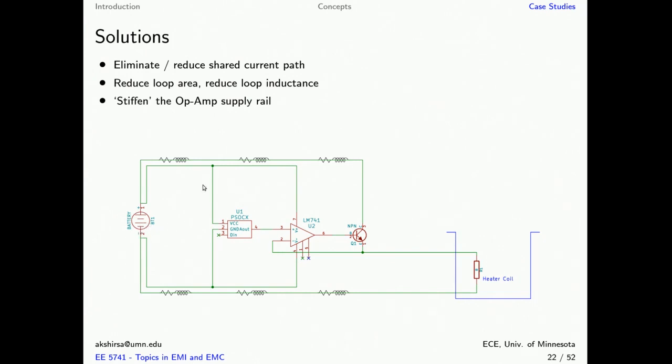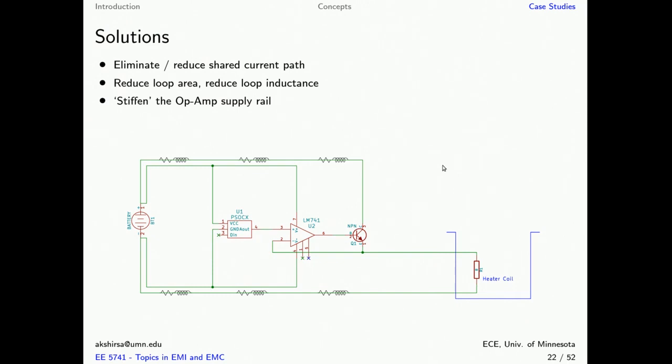Now in this case, the high power current that was flowing through the heater flows through a different conductor, and because that current does not have a shared conduction path with the op-amp supply rail, there is no effect of the current on the output voltage here. So that is the first solution to eliminate that problem.